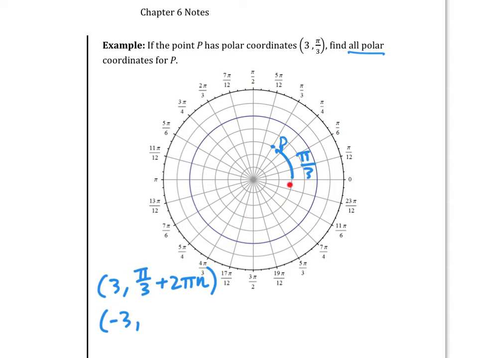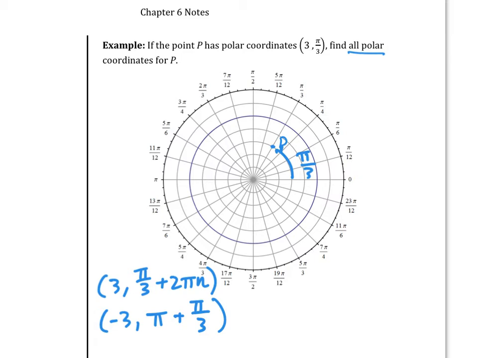So I'm going to turn this way, half a circle, and then go a little more, pi over 3, and then I would get back to the point. So then how do I write that? If I go in a negative r direction, I can say, go half a circle in a positive direction. Half a circle is pi, and then pi over 3 more. Right, so that's one way to get to it from the negative r direction.